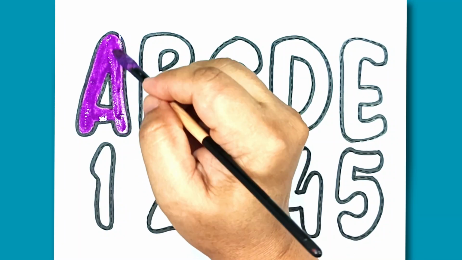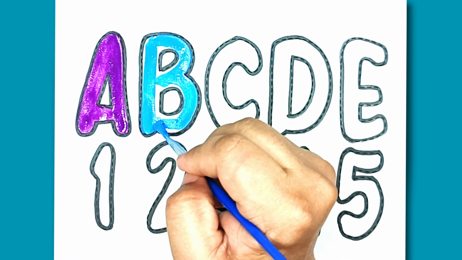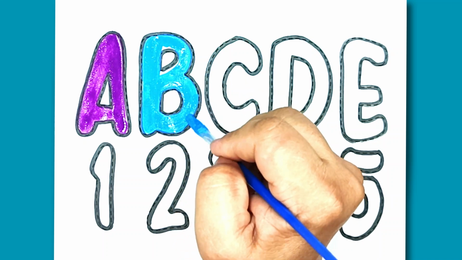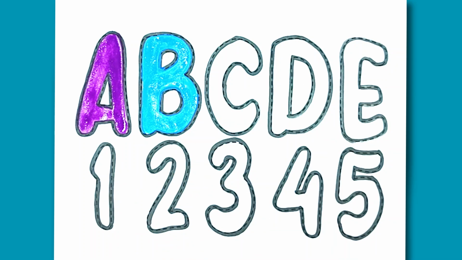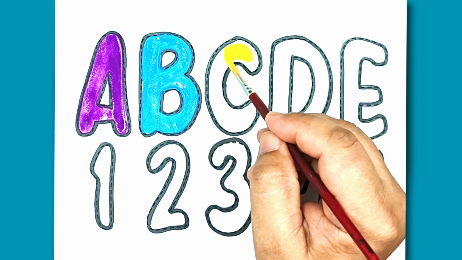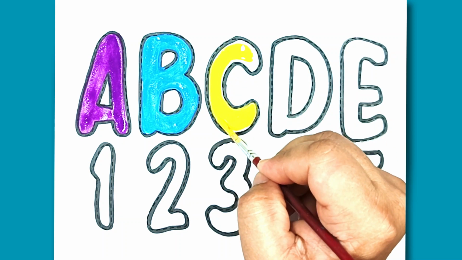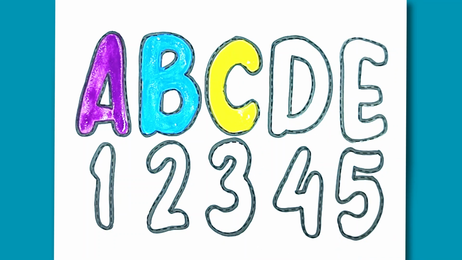A is for airplane, it flies in the sky. B is for baby, sometimes it may cry. C is for clock, it tells you the time.